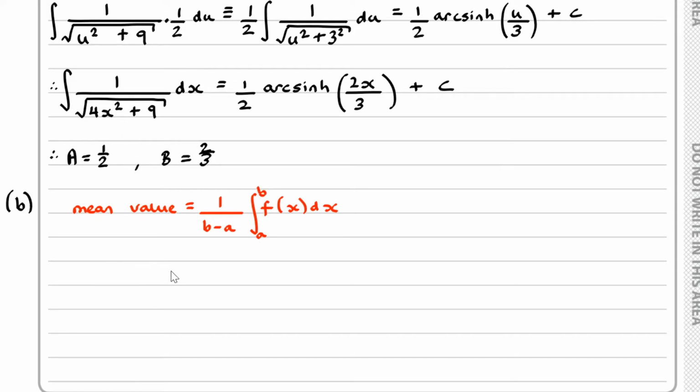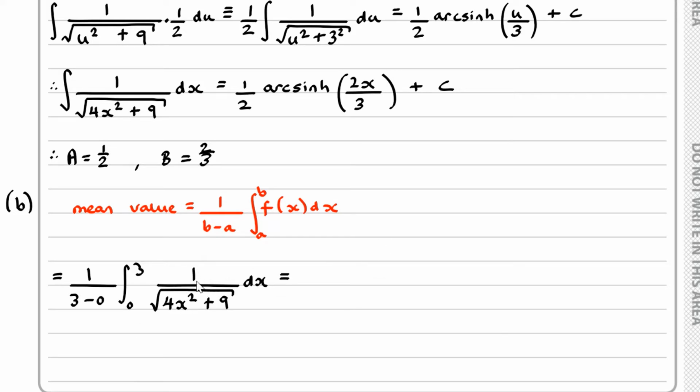So what we have then is the mean value equaling 1 over 3 minus 0 lots of the integral from 0 to 3 of 1 over the square root of 4x squared plus 9 with respect to x.